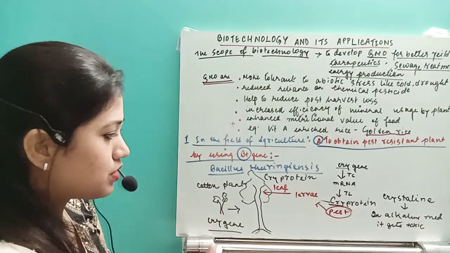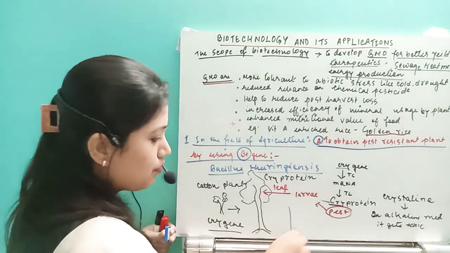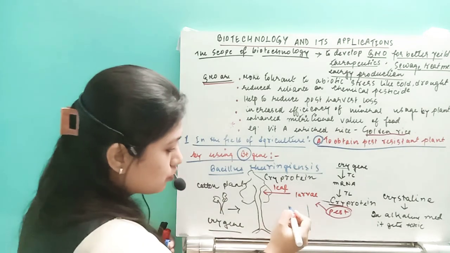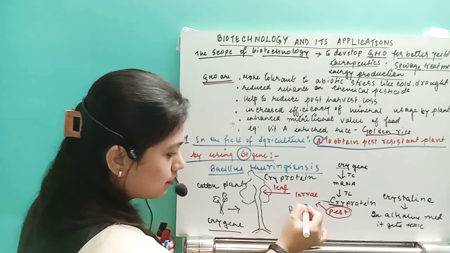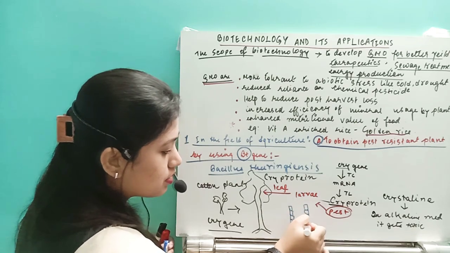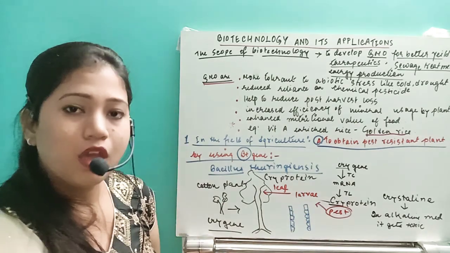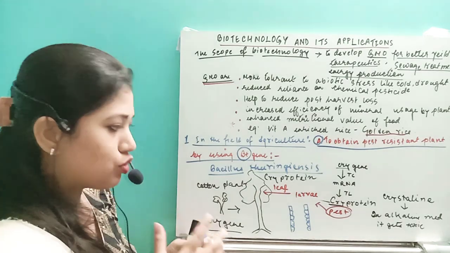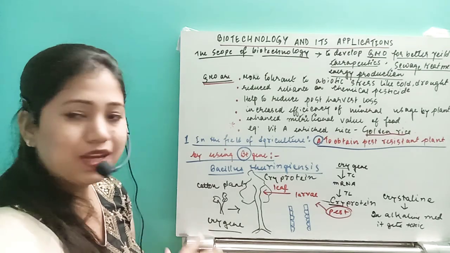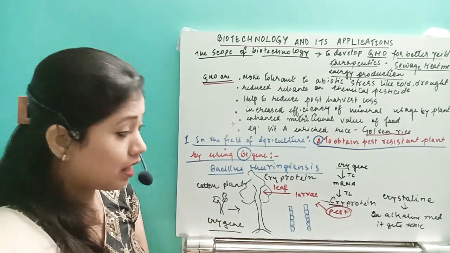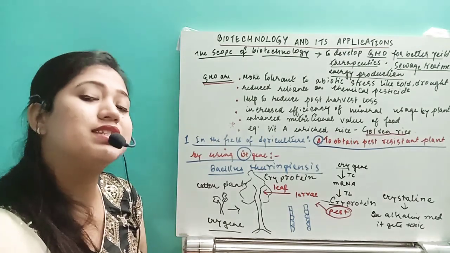So suppose you just see, this is the intestine of the larva. Okay, this intestine has epithelial tissue, and it has villi also. Now whenever this cry protein comes in contact with the bile, that is the alkaline medium, what happens is that this crystalline cry protein starts to get dissolved.